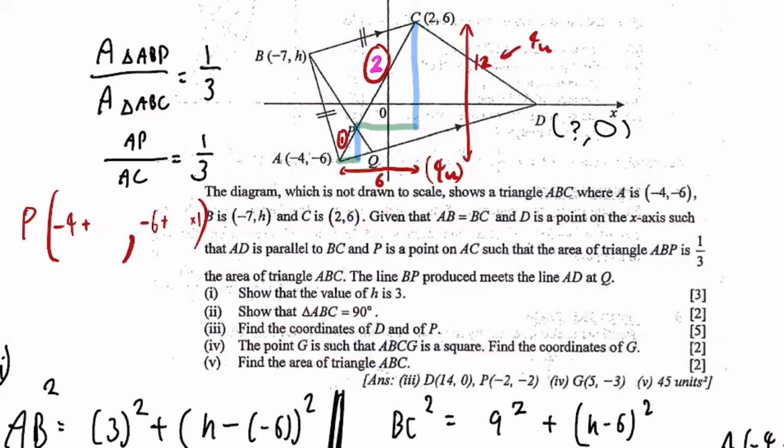What would it be? -4 plus, for coordinates of P, 6 divided by 3 times 1. 6 divided by 3. Correct. Then the other one, -6 plus 12 divided by 3. Okay, very good. Then you will get the correct answer of -2, -2.